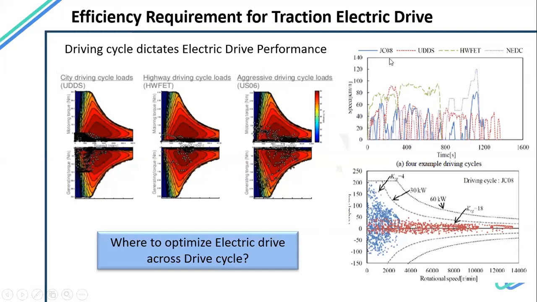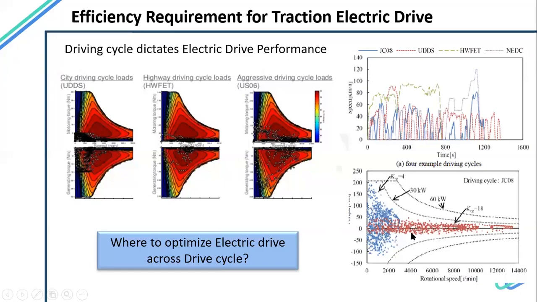If I plot a couple of cycles out of 3 to 4 drive cycles, you can see the operation of this particular cycle, in red, is spread more across the torque speed curve, but the blue one is concentrated more in the high torque, low speed zone. This gives us a lot of insight into designing the electric drive.